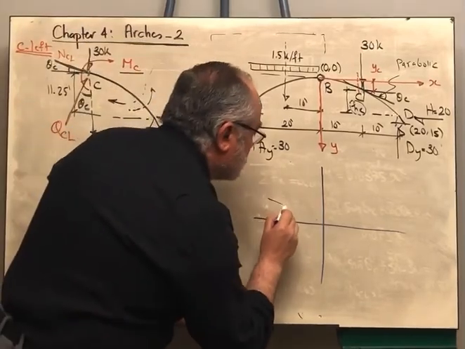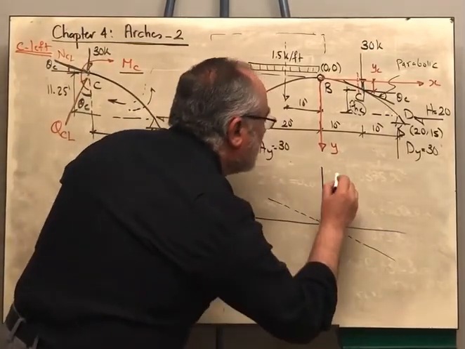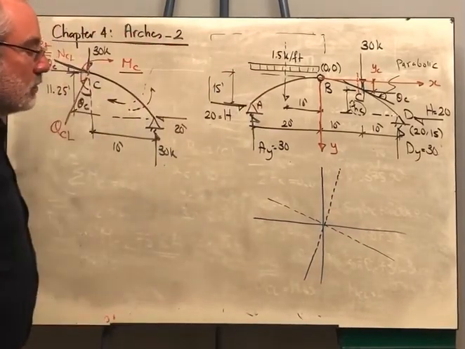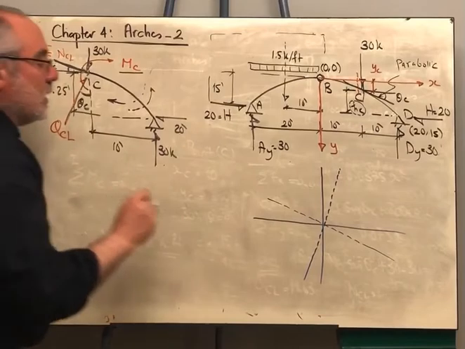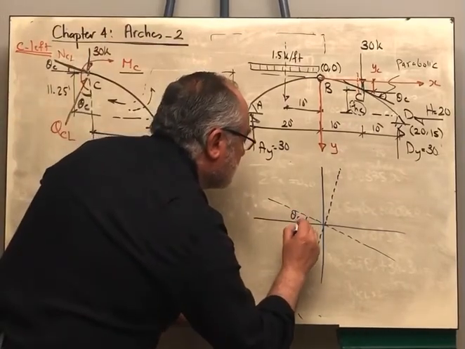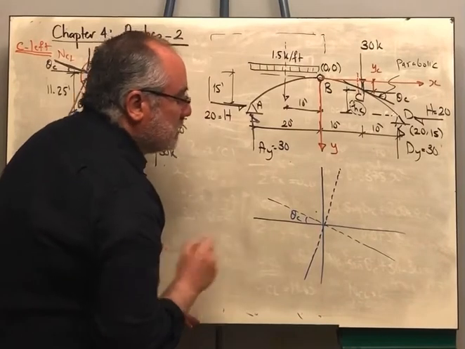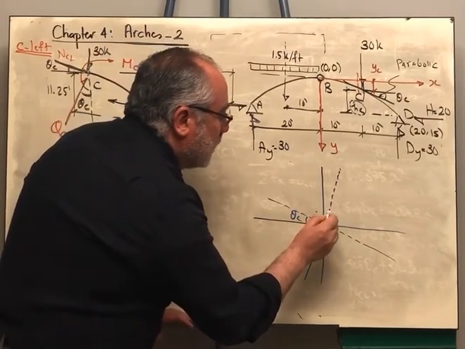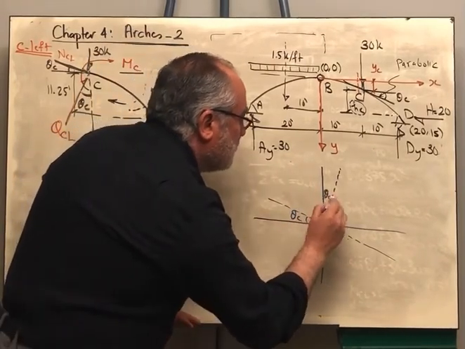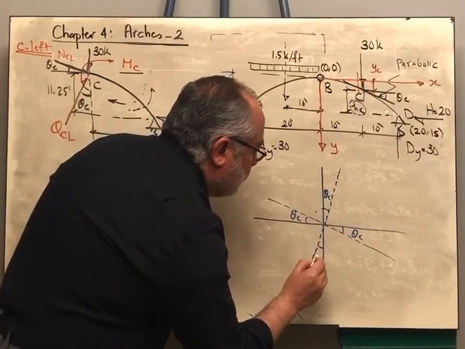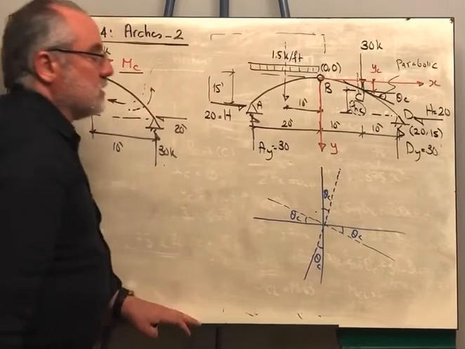So this is the tangent to the arch, and this is the normal to the tangent of the arch. Okay? This angle is theta. So this angle plus this angle is equal to 90, and this angle plus that one is equal to 90. This should be theta c. Leave one and the other will be theta c.